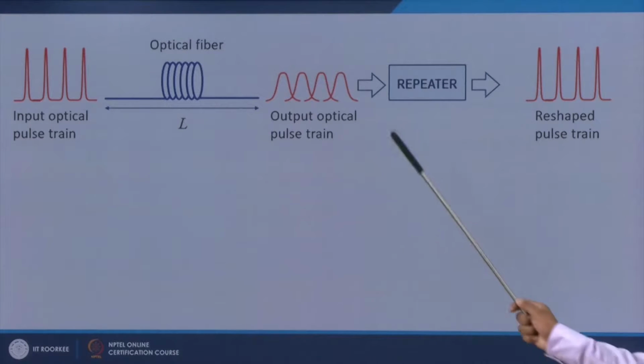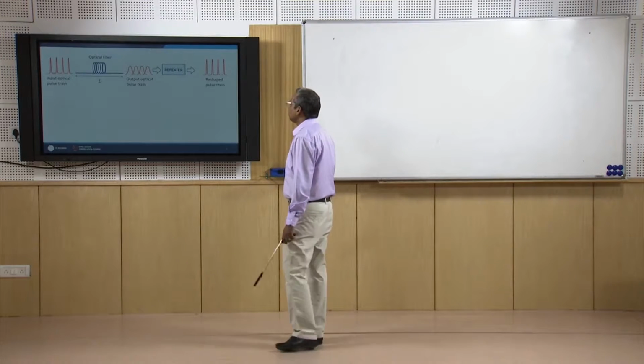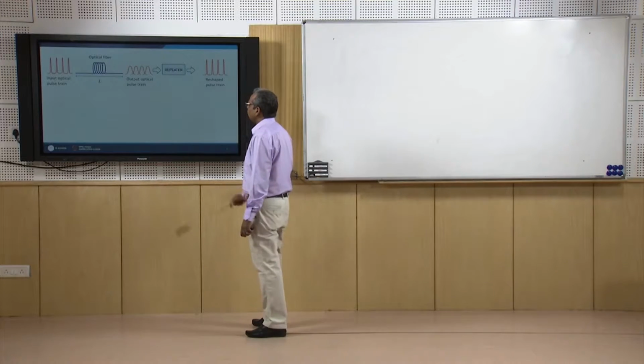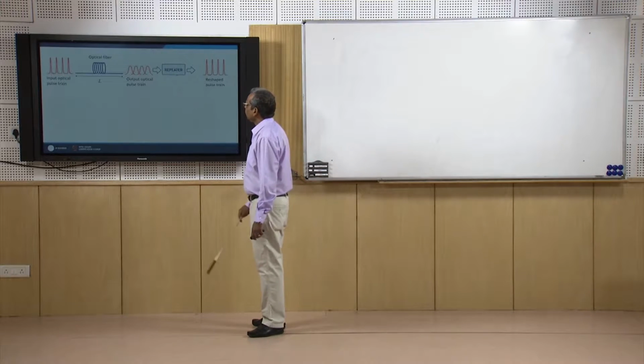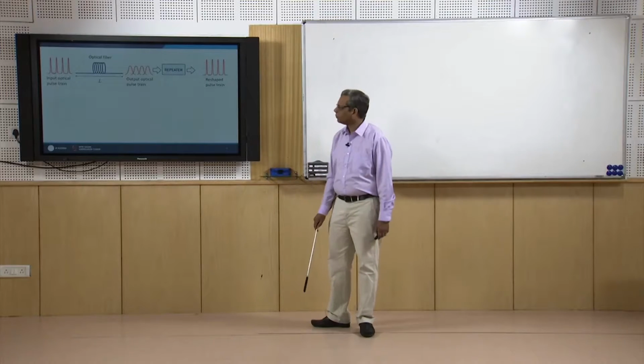So, before we lose any information which is embedded in this pulse train, we need to reshape the pulses, and this is done in a device which is known as repeater. This repeater reshapes the pulse train and brings it back to its original form.